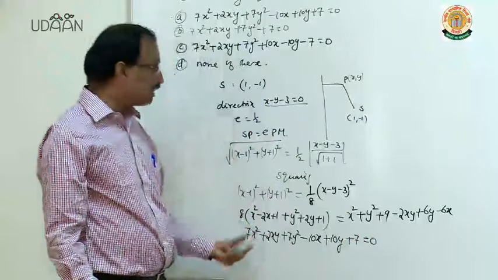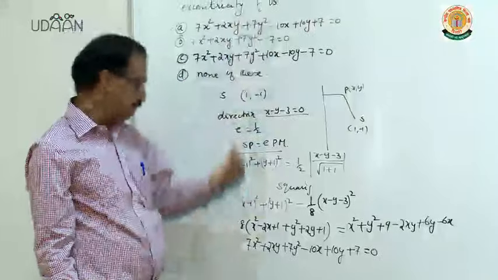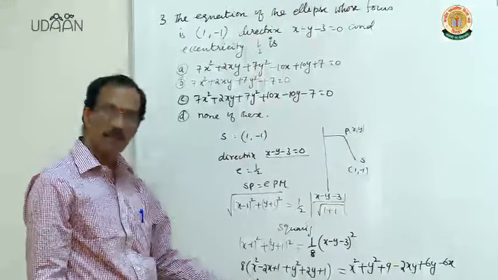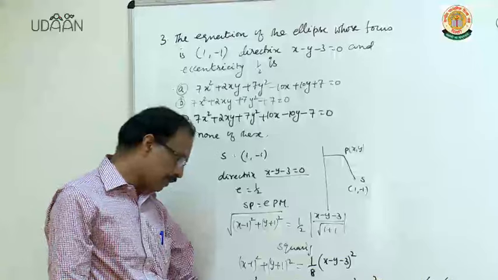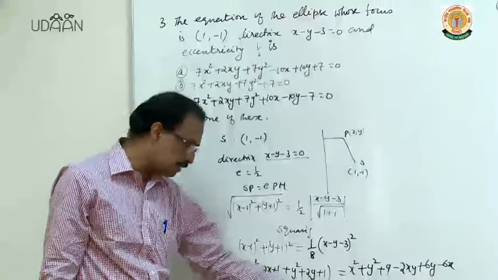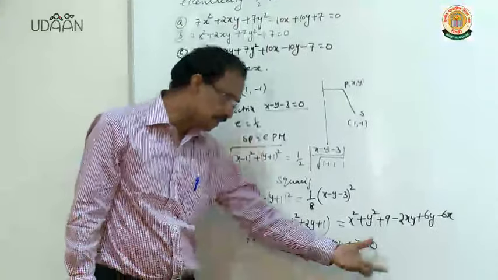So we got the equation of the ellipse as 7x square plus 2xy plus 7y square minus 10x plus 10y plus 7 equal to 0.